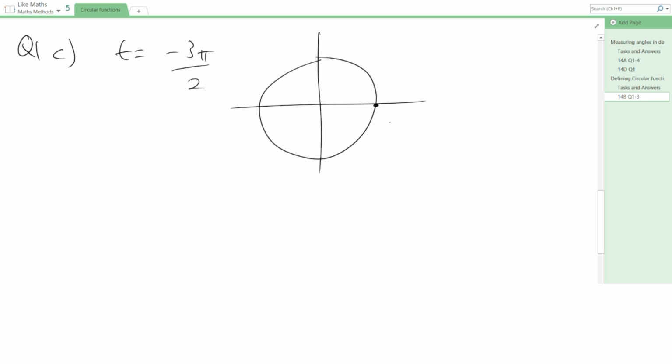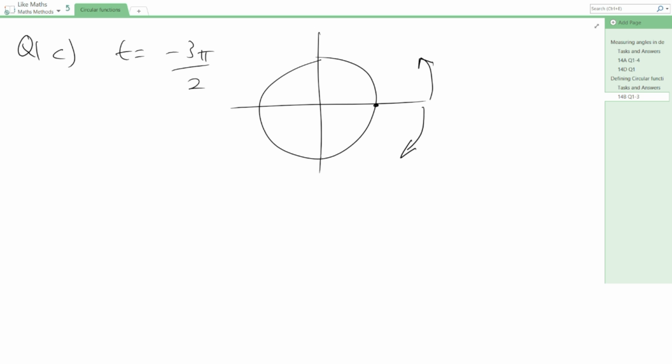In my earlier videos I mentioned that if you're going clockwise, which is that way, you are dealing with positive radians, and if you're going that way, you're dealing with negative radians. So this is negative, so you're going counterclockwise. That doesn't look right.